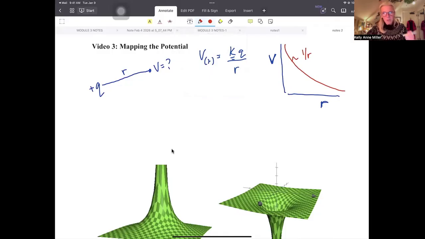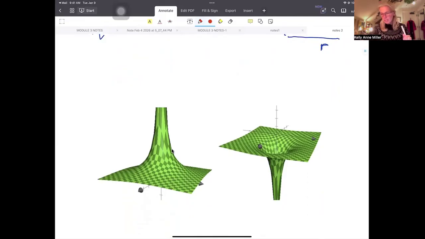Okay, and so if we were to try to map what that potential would look like in two-dimensional space, it would look like this. It would go off in all directions, like a contour like this, where the positive Q charge would be in the middle of this shape.